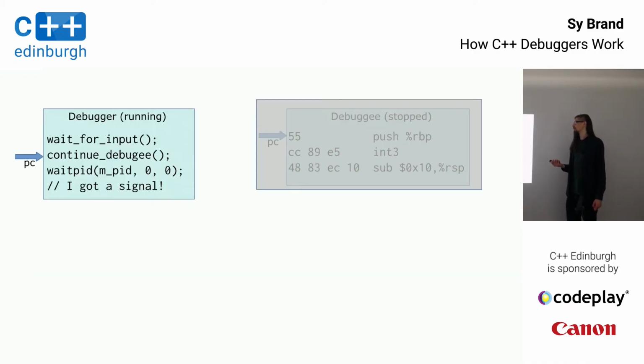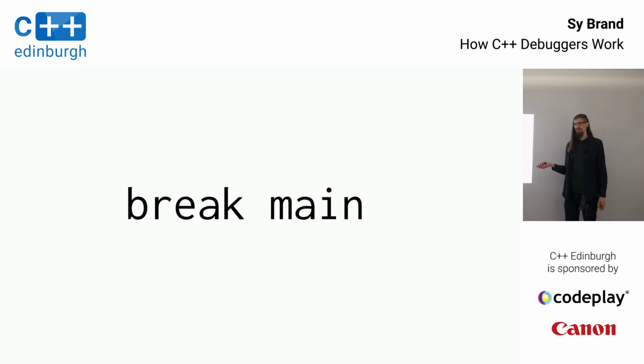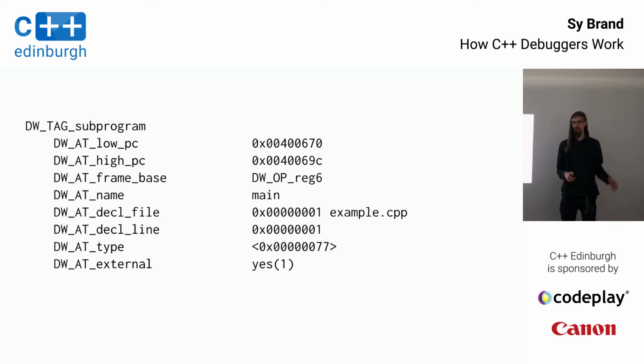Okay. Source level breakpoints. Now that we know how the low level machinery works and we have a vague understanding of what debug information is, this is actually fairly simple. If we want to set a breakpoint on main, we go into debug information and ask, where does main live? What address ranges consist of main? We can find this subprogram DIE, and it says the name is main.